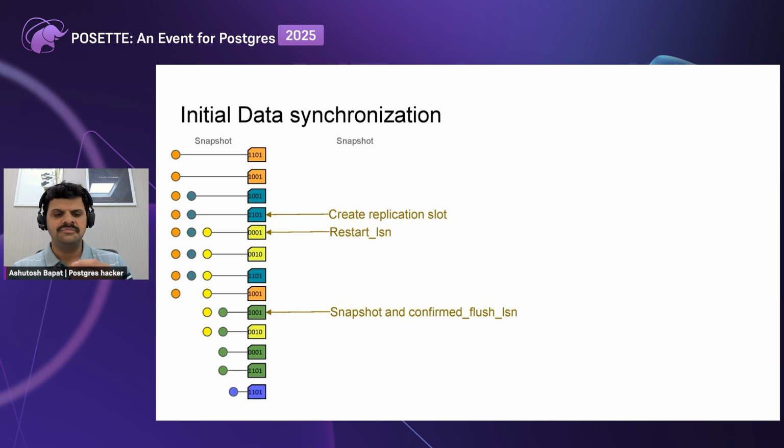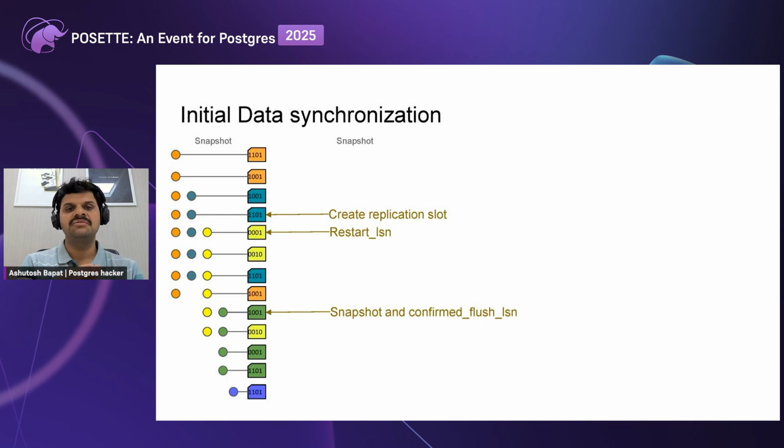Okay, what we saw was the regular replication, what happens at runtime. But what about creating the initial snapshot of the database or creating the initial logical view in order to set up a replica? For that, we need to create a replication slot. And when we create that, we will look at the arrow with the label create replication slot.